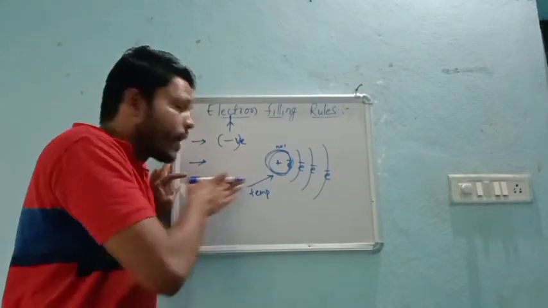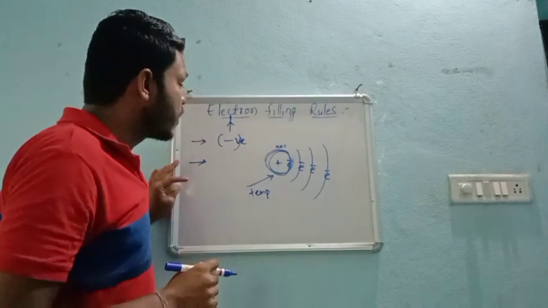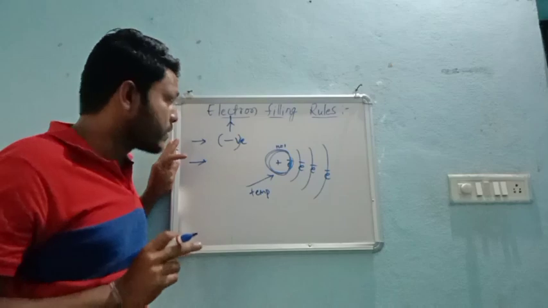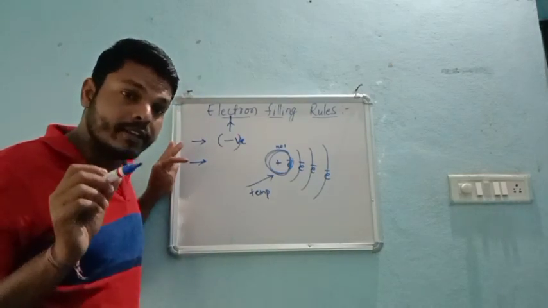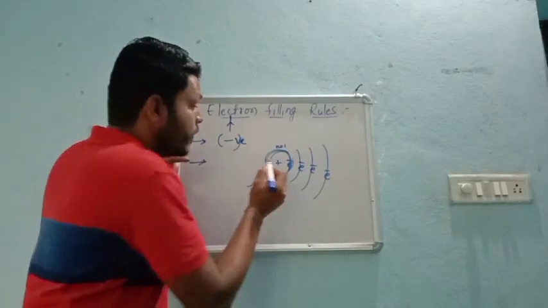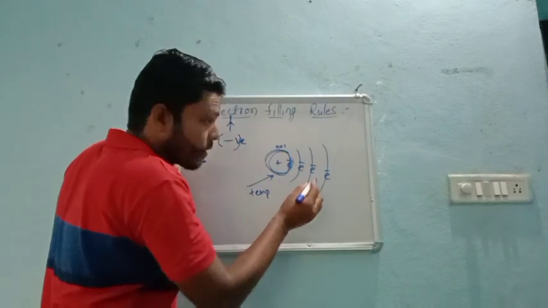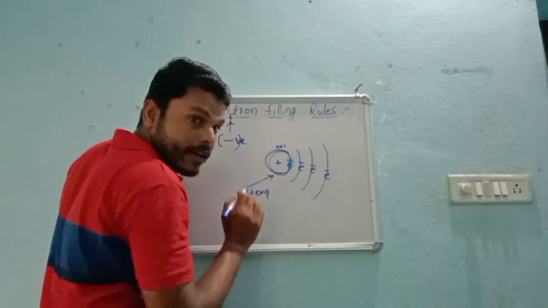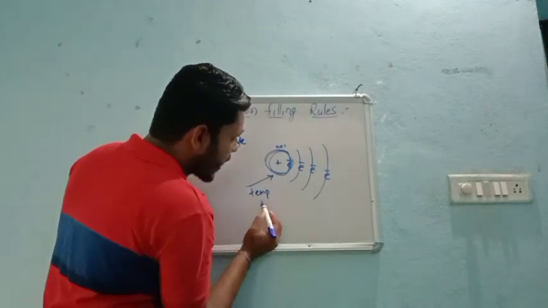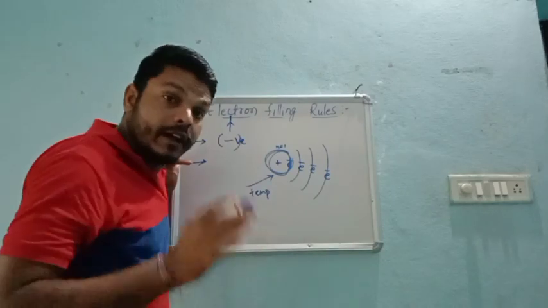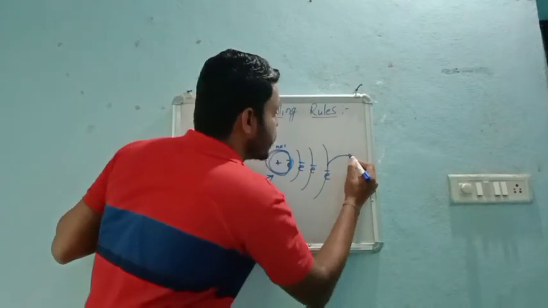That means we are applying external energy to this atom. So after applying this energy, definitely the electron present on the outer shell, consider this is the outer shell electron, directly absorbs this temperature, and if it absorbs the energy, then it will jump to a higher energy level.